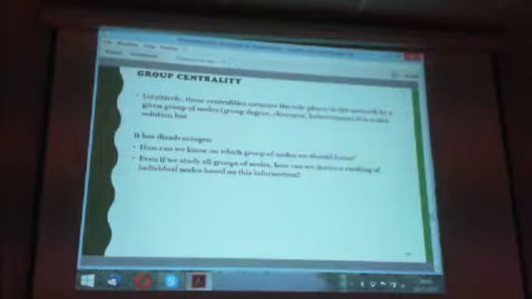But you need some way to start with the initial groups, because otherwise you simply have an exponential number of potential groups in your social network. It's 2 to the power of the number of nodes in the network.